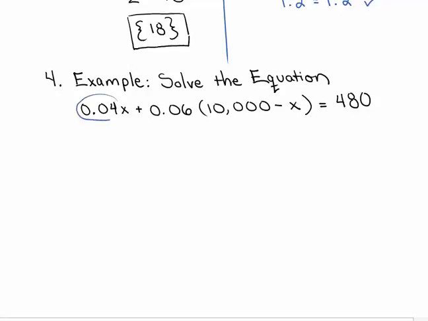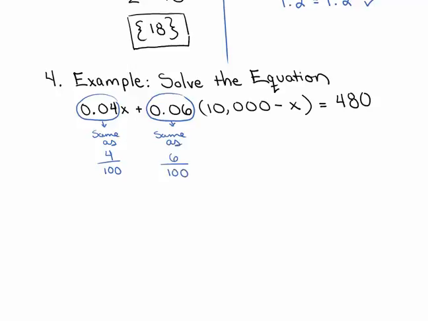So we're going to look at the decimals. 0.04 is the same as 4 hundredths. 0.06 is the same as 6 hundredths. So the LCD here is 100. So what we're going to multiply this equation by is going to be 100.